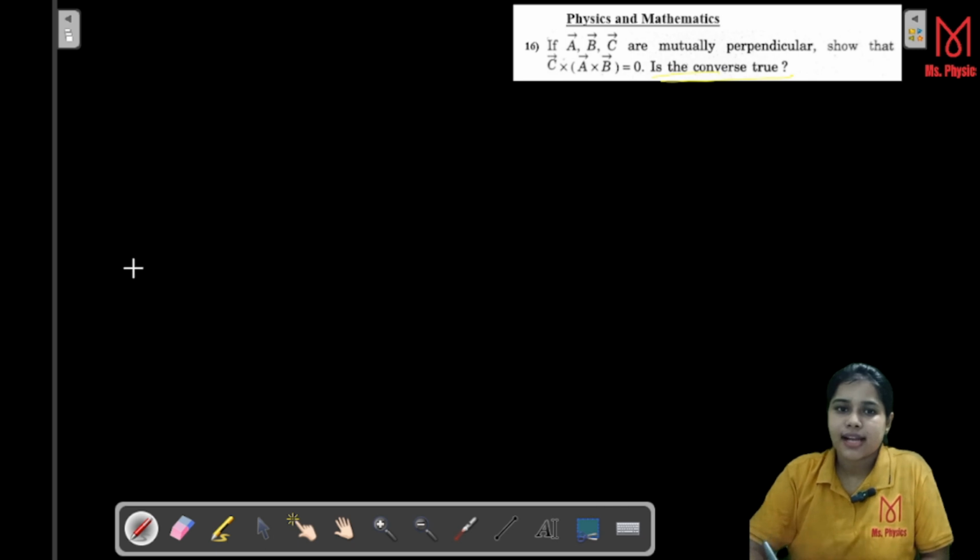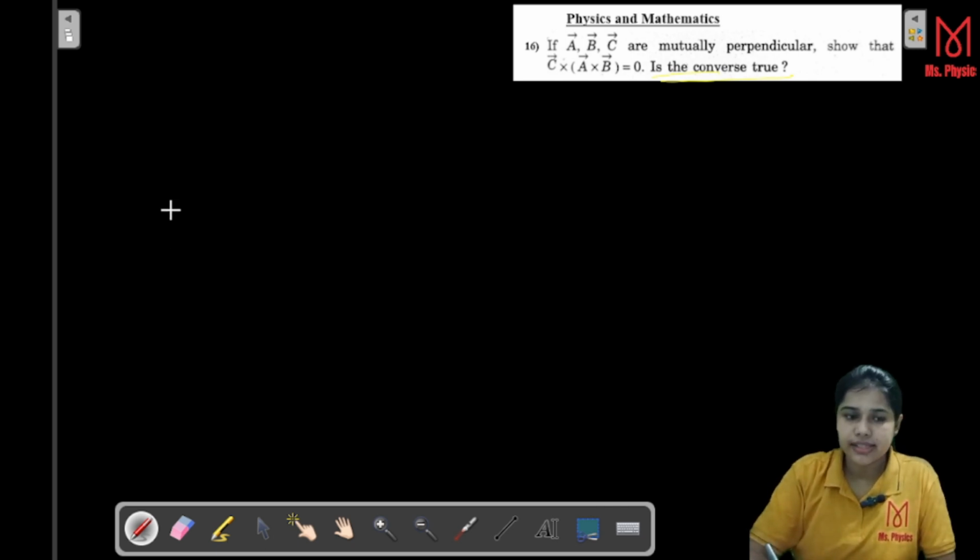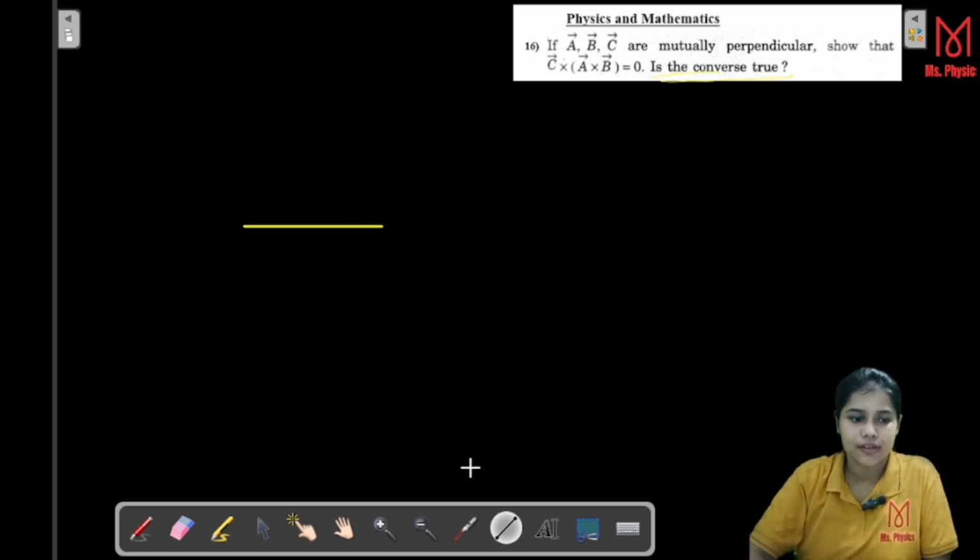So students, here you have the 16th numerical. First read aloud: A, B, C are mutually perpendicular, so that C cross A cross B is equal to 0. In this case, first you draw the figure.